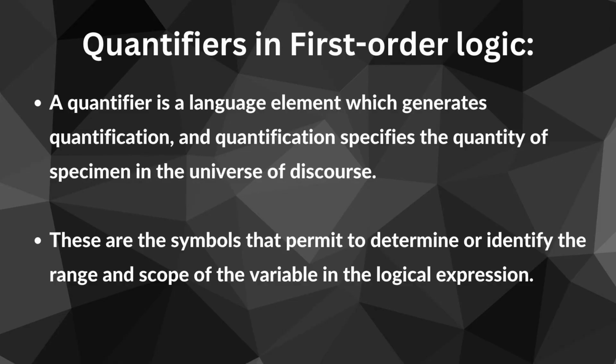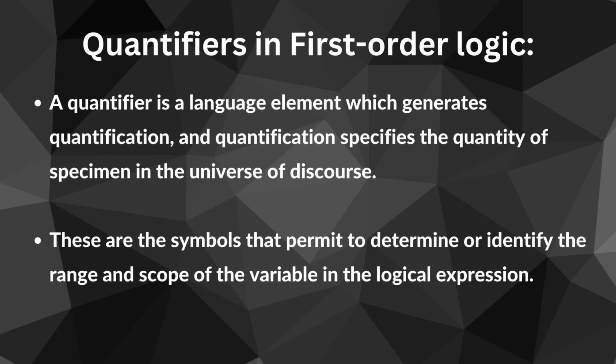A quantifier in logic is a language element that introduces quantification, specifying the quantity of objects within a defined universe of discourse. Quantifiers are symbols that help define the extent and scope of variables in logical expressions, permitting statements to refer to all or some objects within a specific context.